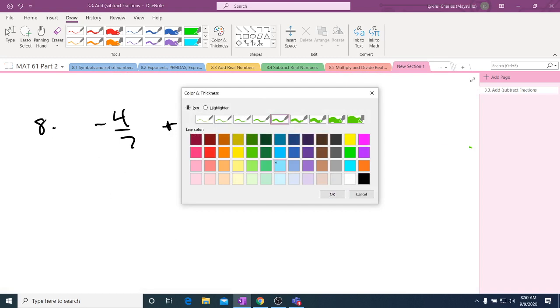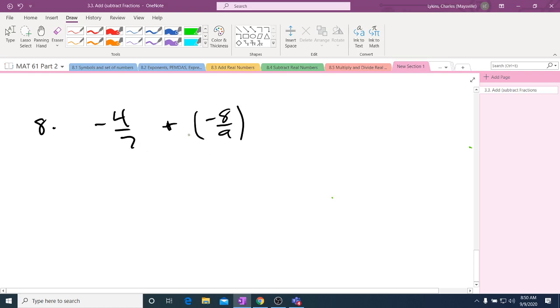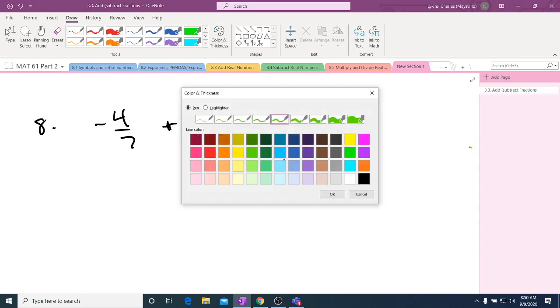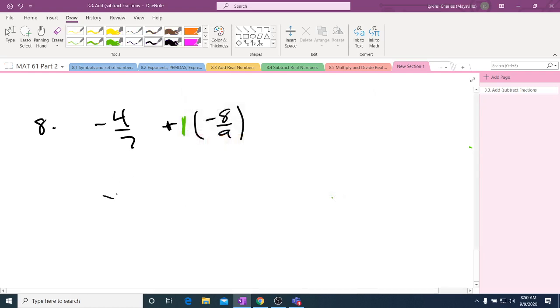Now finally, what I'm going to do is I'm going to show us, technically, when you have a negative 4 sevenths plus negative 8 over 1, really there's a 1 there. So we can just go ahead and make this now a negative 4 sevenths minus 8 ninths.